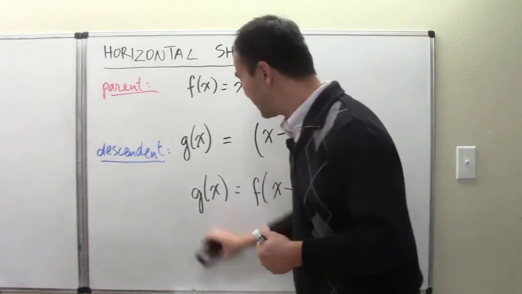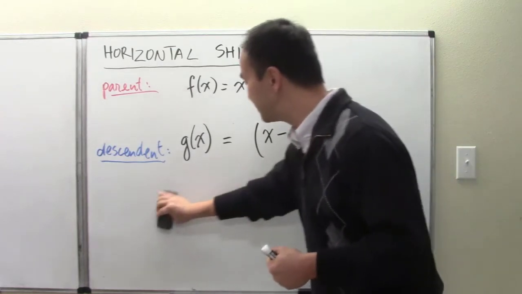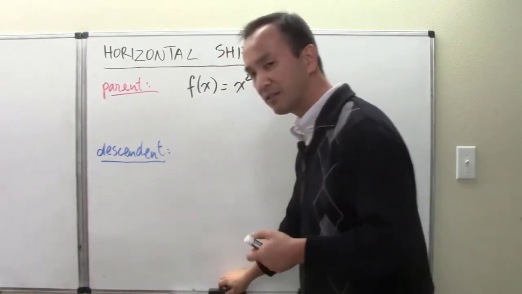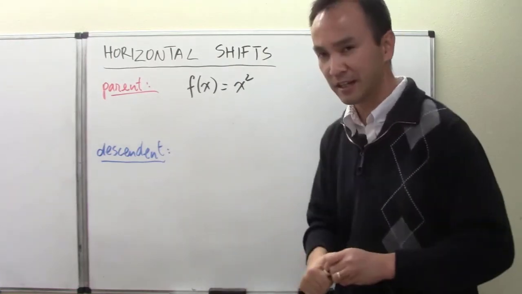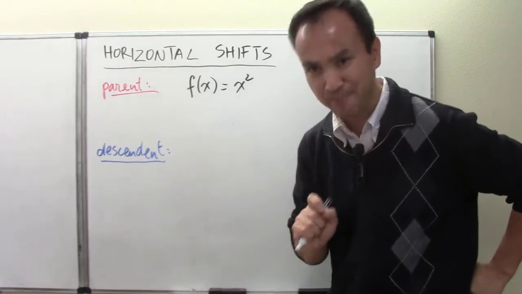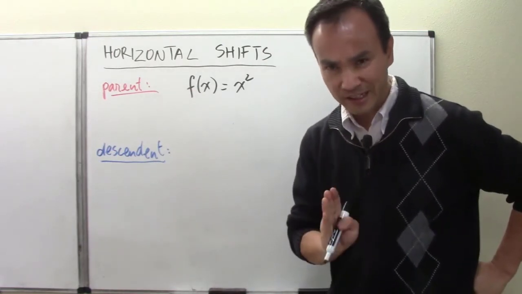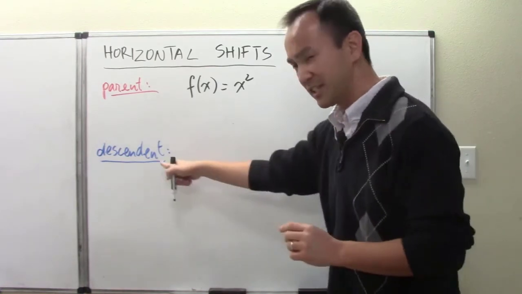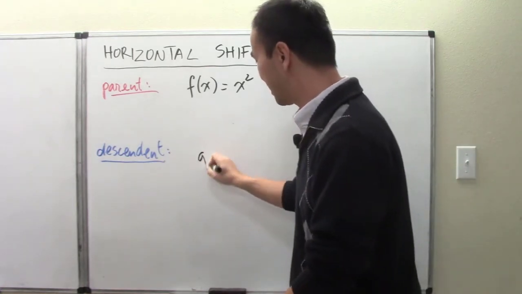All right, so let's confirm our understanding. I'm going to call that a different g of x, just to confirm our understanding. I'm firm that this is a descendant function I'm about to write down right here. So how about another g of x?